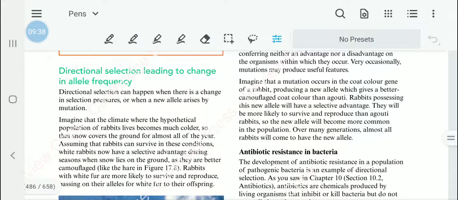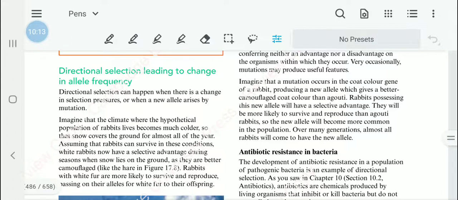Now, we have considered a hypothetical population of rabbits. If it becomes much colder and snow falls and covers the ground for much of the year, then the survivability of the rabbits would depend on the animals who can hide in the snow.